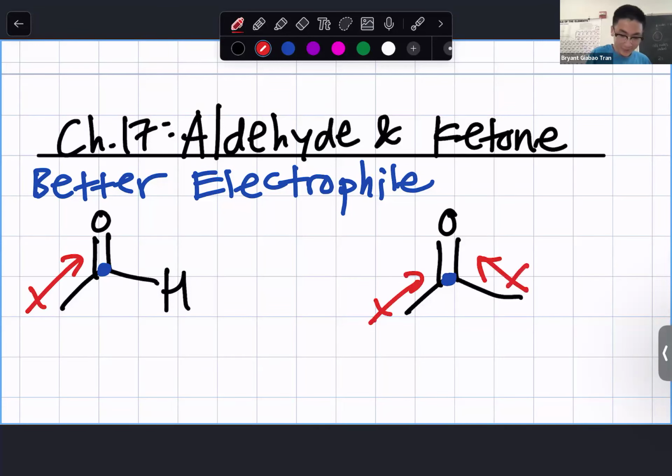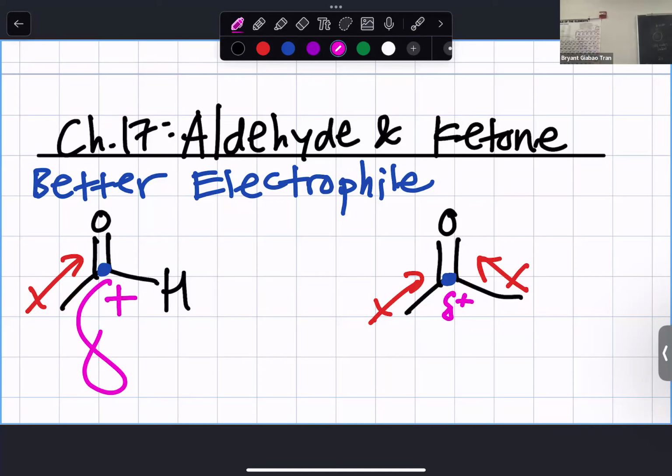The aldehyde only has one EDG, the ketone has two EDGs, so the ketone carbonyl carbon will have a smaller partial positive charge, because it's gaining more negative charge. The aldehyde has a bigger partial positive charge.